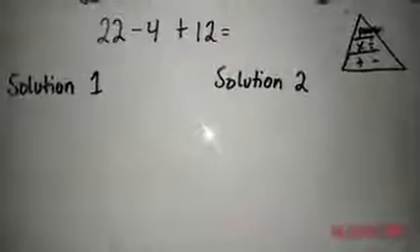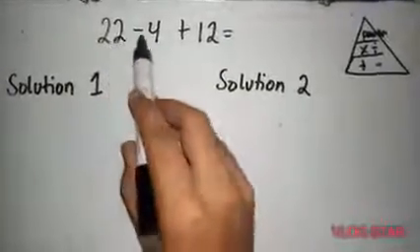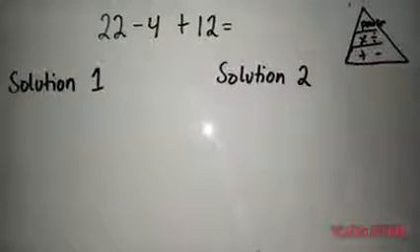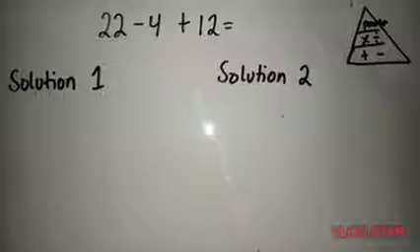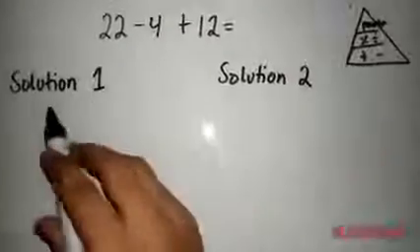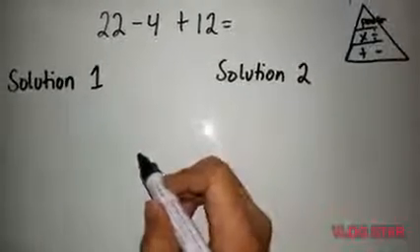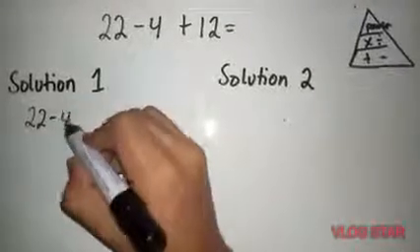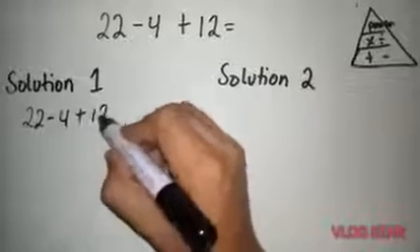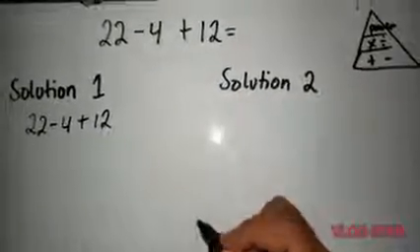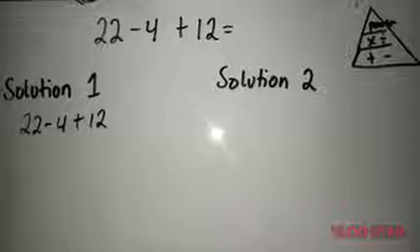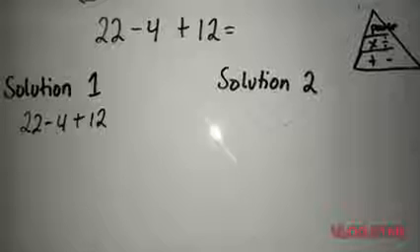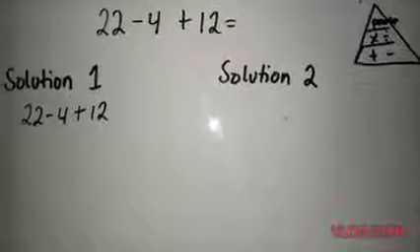So let's start with this expression, 22 minus 4 plus 12. We will solve it in two ways. First, 22 minus 4 plus 12. We said a while ago that addition and subtraction have the same level of priority.